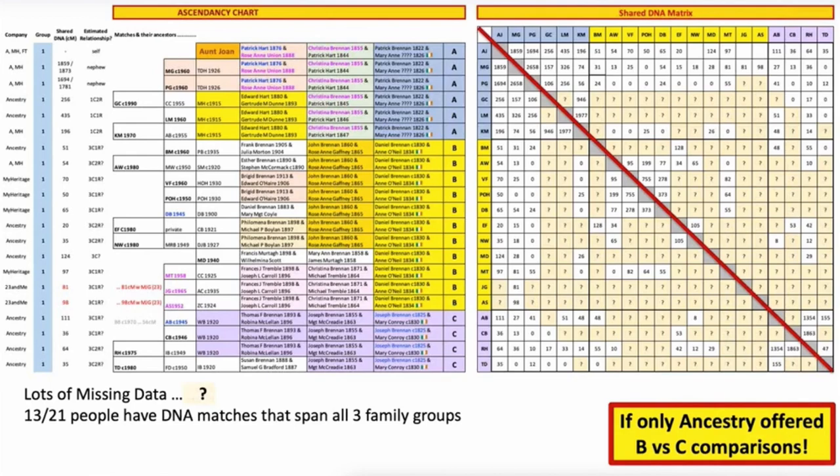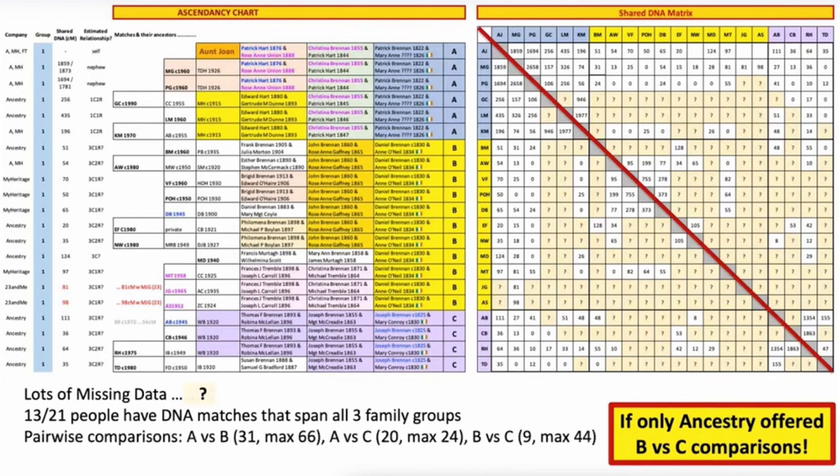The other interesting thing to note is that even though there are 21 people in this matrix, 21 down the left and 21 across the top, only 13 of them span all three family groups, family A, family B, and family C. And the number of pairwise comparisons I was able to do when comparing A versus B, which is this square here, was only 31 out of a maximum of 66.